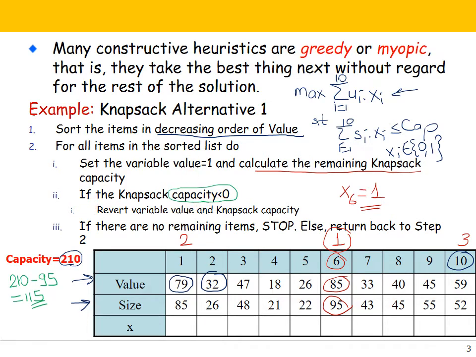If the capacity is not less than 0 and there are no remaining items, it's time to stop the algorithm. But if there are still remaining items which we didn't evaluate, then we need to return to step 2 and consider those items. Okay, now let's use this algorithm to solve this problem.